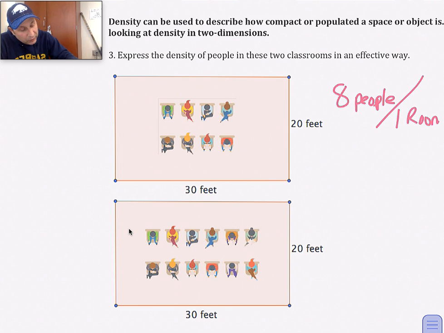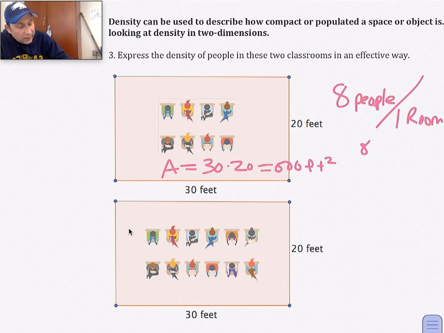So the density could be 8 people per room, or if you wanted to say how many people were there in the area, you could figure out the area of this classroom. It's base times height, 30 times 20 is 600 square feet.